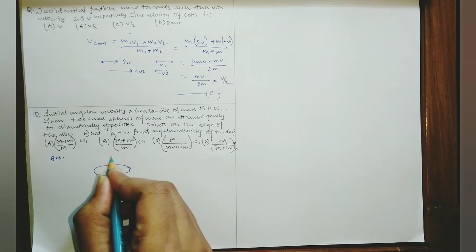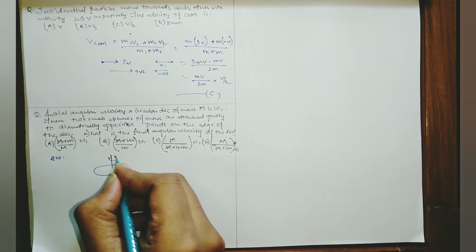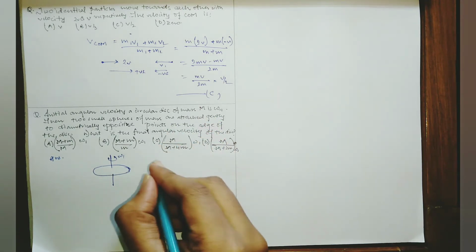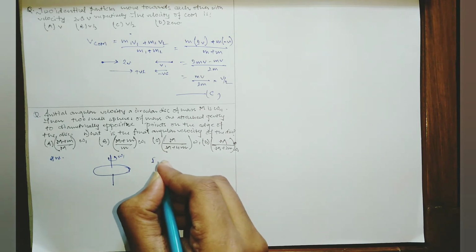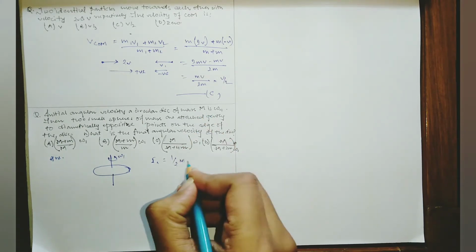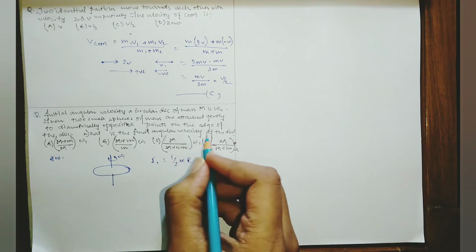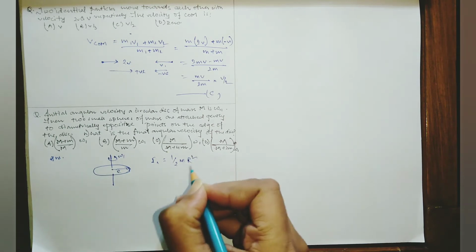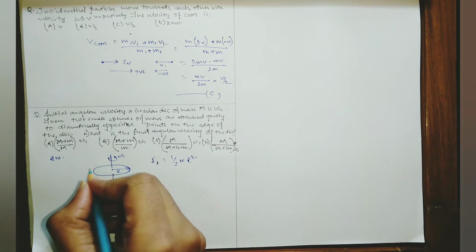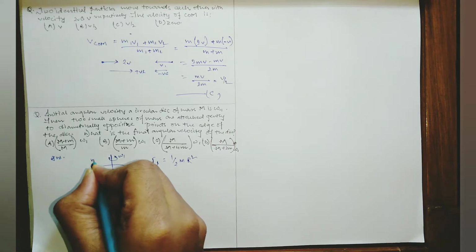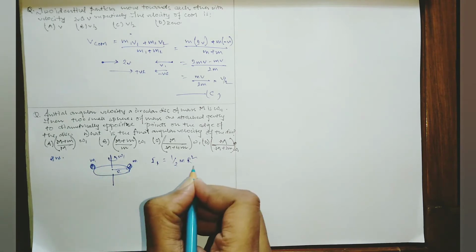Suppose this is the disk and this is the axis of rotation, which is rotating with omega 1. Now the moment of inertia is I1, and for a disk we know it is half of m r square, where r is the radius. Now the second situation is when two small masses of small m are placed on diametrically opposite sides.